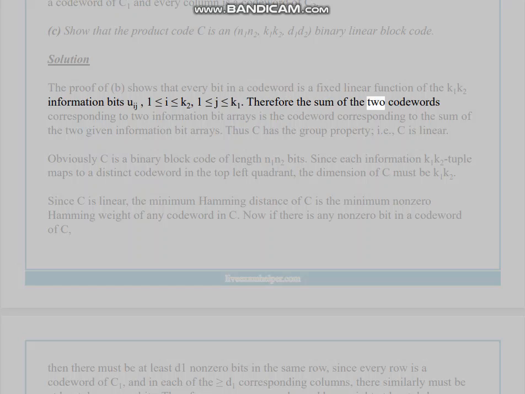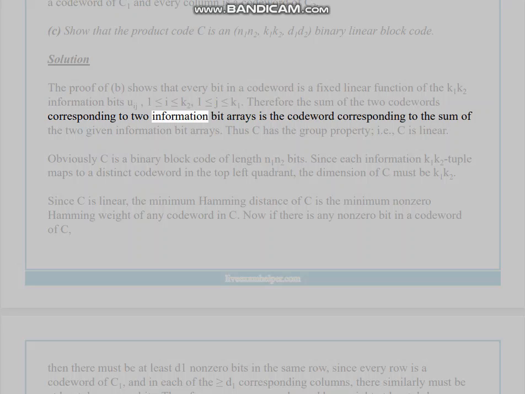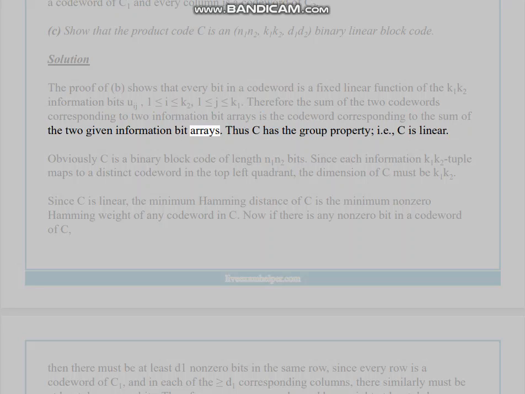Therefore, the sum of the two codewords corresponding to two information bit arrays is the codeword corresponding to the sum of the two given information bit arrays. Thus, C has the group property, i.e., C is linear.